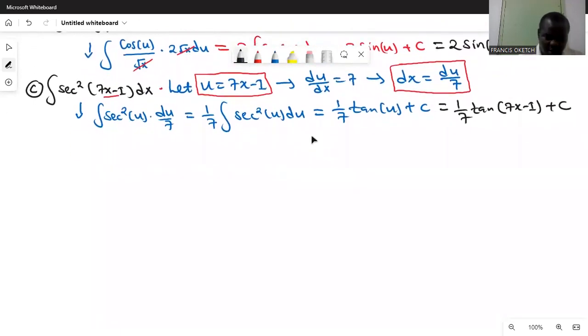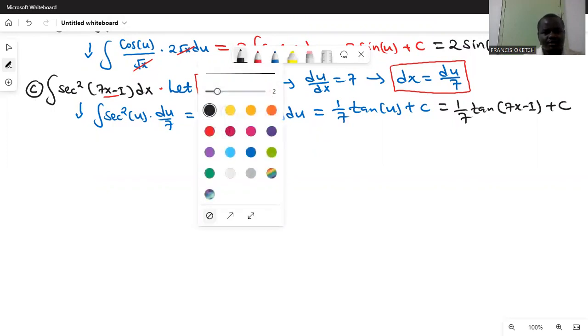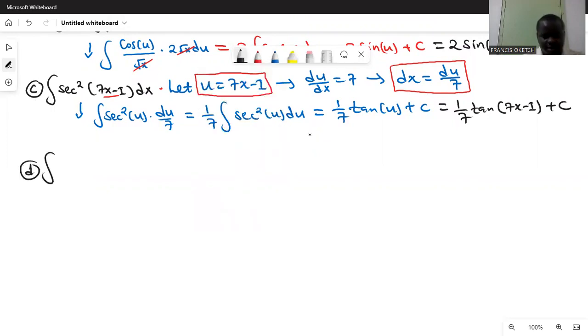I'll give you another one. We call it part D. Part D, you're given this integral. So we write part D, the integral of cosec squared of 4x dx. As usual, let 4x be equal to u. So you say let u be equal to 4x.